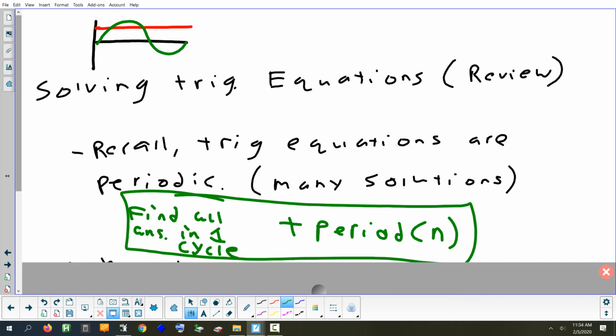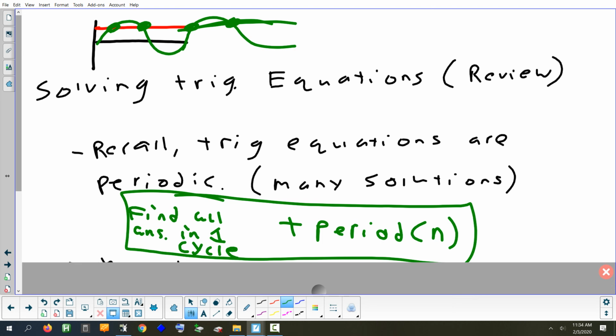And for each answer, list it out separately, and then put plus the period times n, because that answer is going to repeat again exactly one cycle later. That answer is going to be the same answer. And it repeats every period. Okay? So just put plus the period times n.